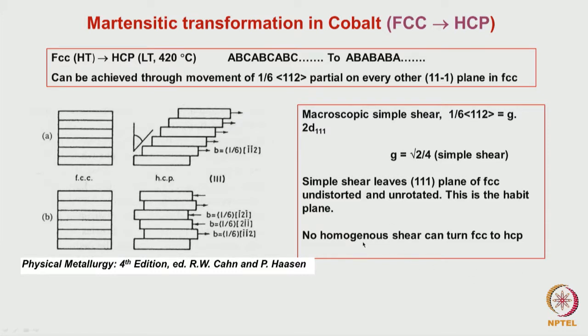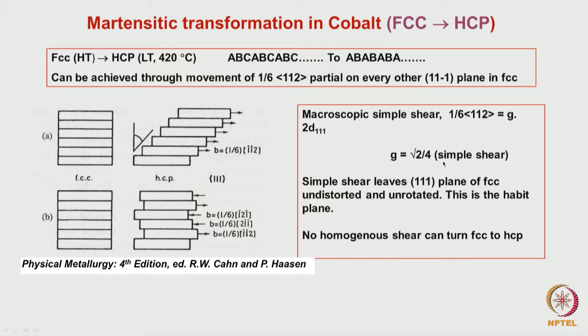But what we should understand is that suppose we try to give a homogeneous shear, because we said this is the simple shear which is required. If the shear is given homogeneously to the entire set of atoms, every alternate layer of atoms will come to the correct position, but the in-between layer will not be brought to it, because it will receive only half of that shear. So it will be shifted to a wrong position.